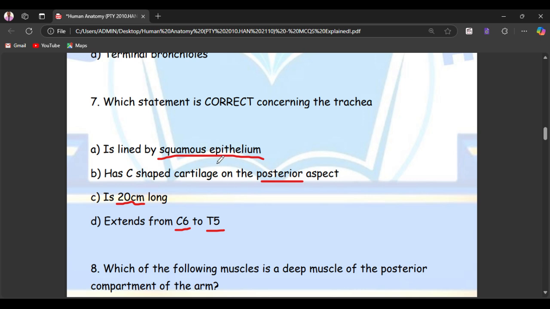So among the four statements regarding the trachea, D is the most appropriate.